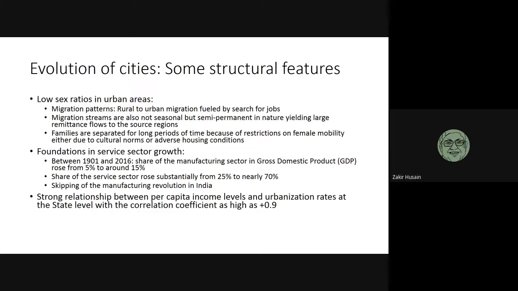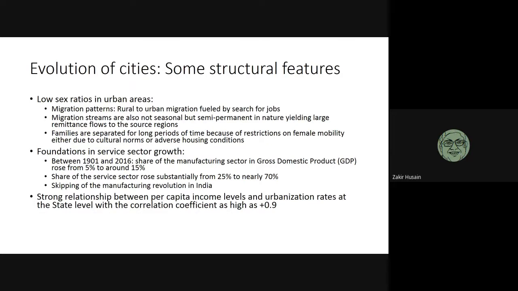So bringing in their families will lead to problems in such settlements. So what they do, they come over to the cities, only the male workers, they live, and periodically they return to the homes in the rural areas. So they are separated from the families for a long period of time.